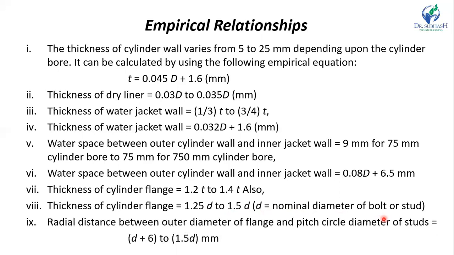The radial distance between the outer diameter of flange and pitch circle diameter of stud is equal to d plus 6 to 1.5 d millimeter, where d is the nominal diameter of the bolt. These are the different empirical relations, that is, relations which were developed from past experience. They are used for the design of the cylinder.